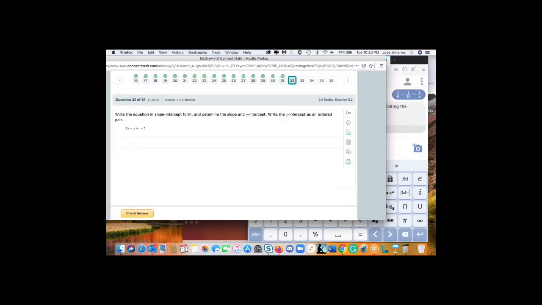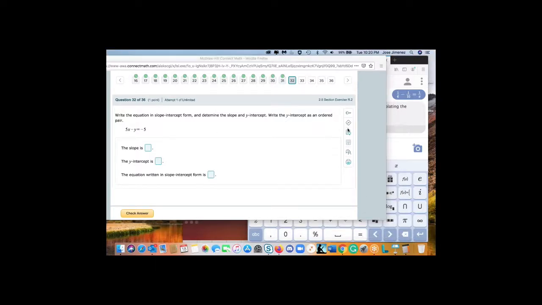32. Yeah, this is only to remember, we switch, put this one over here, and then put this number on the other side. Remember, we're looking for mx plus b is equal to y.